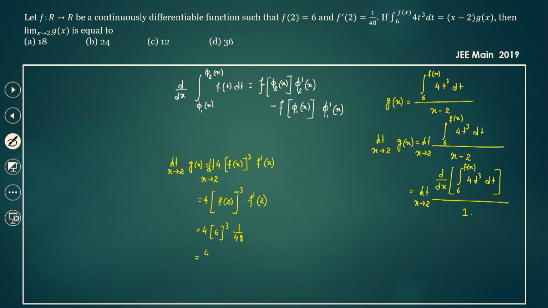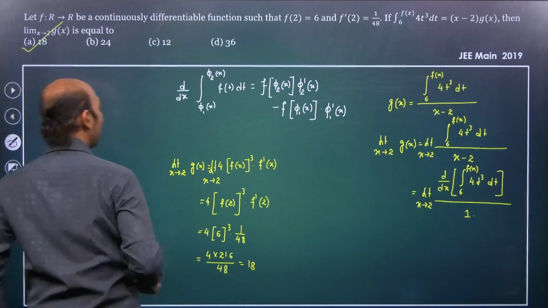That gives 4 into 216 divided by 48, which means 48 is 12 times 4, and 216 divided by 12 gives 18. So for this particular problem, option A, 18, is the correct choice.